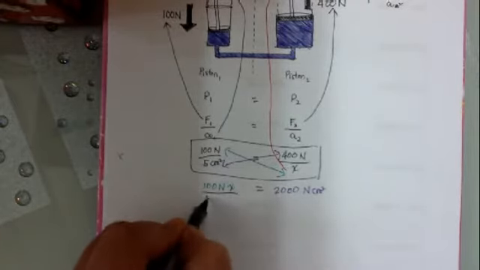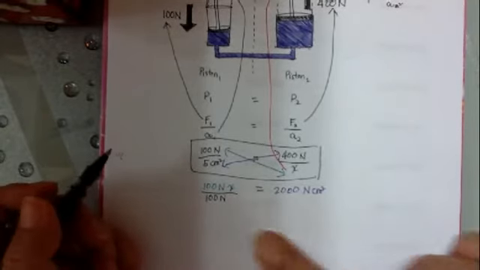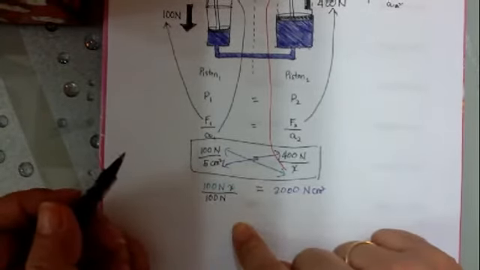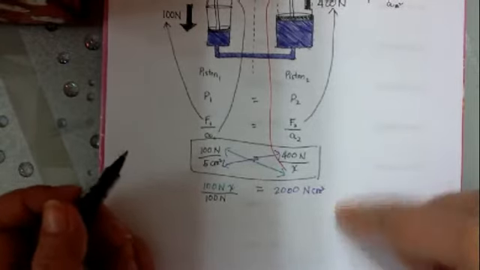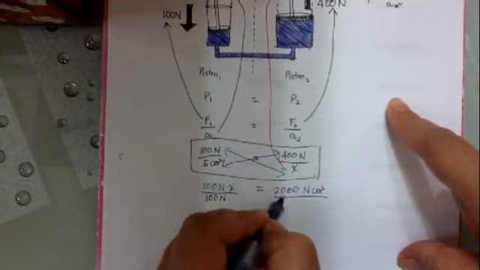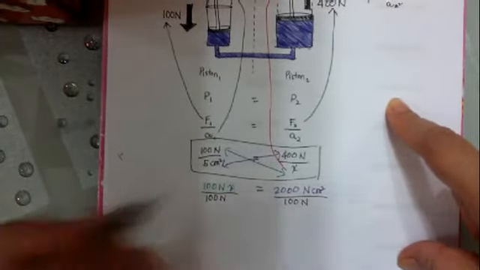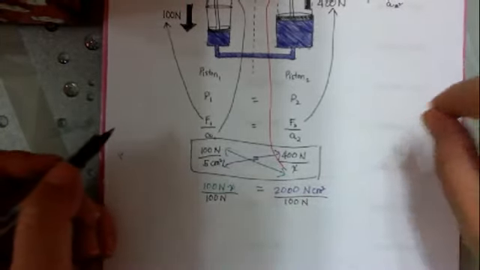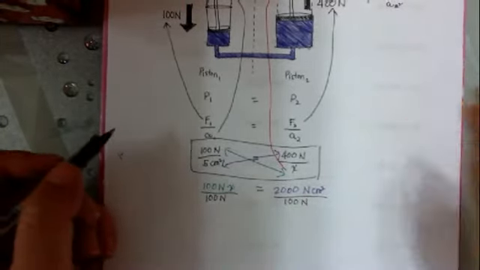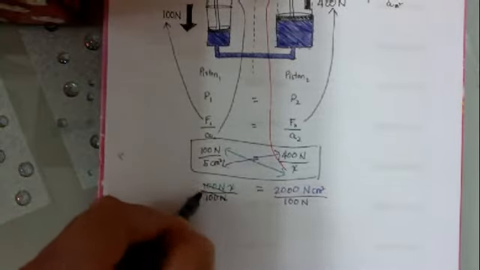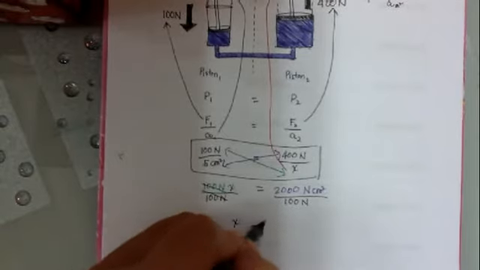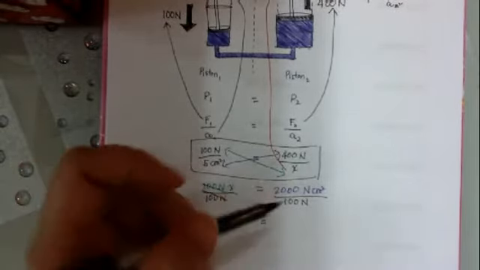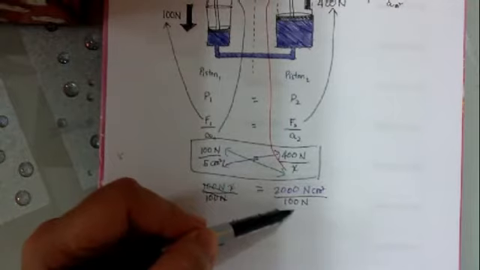Since I divided the left side by 100 newtons, I have to be fair and divide the right side by 100 newtons also. Always include the unit. 100 newtons divided by 100 newtons is equal to 1, so I can cancel it.